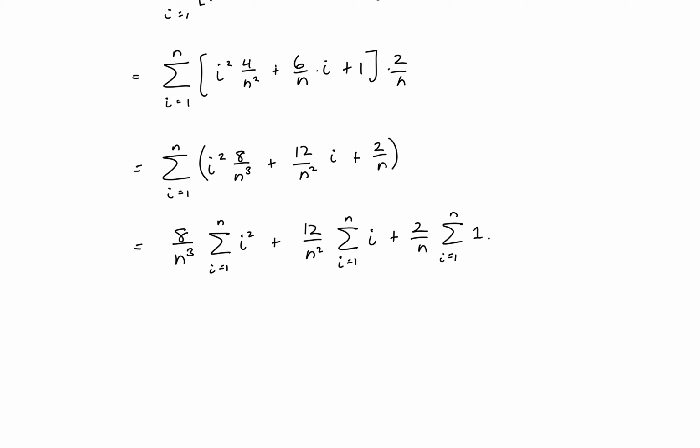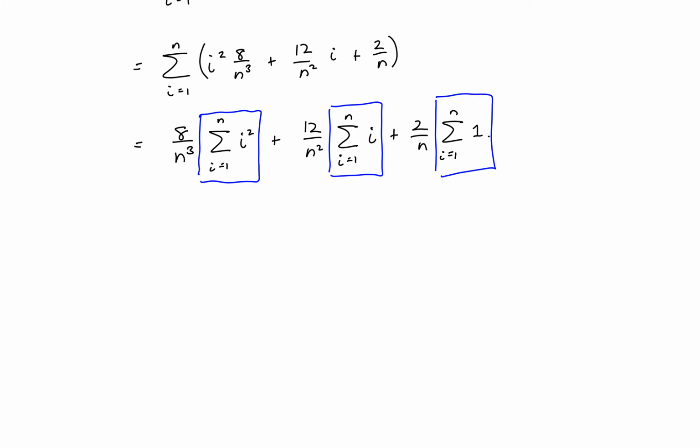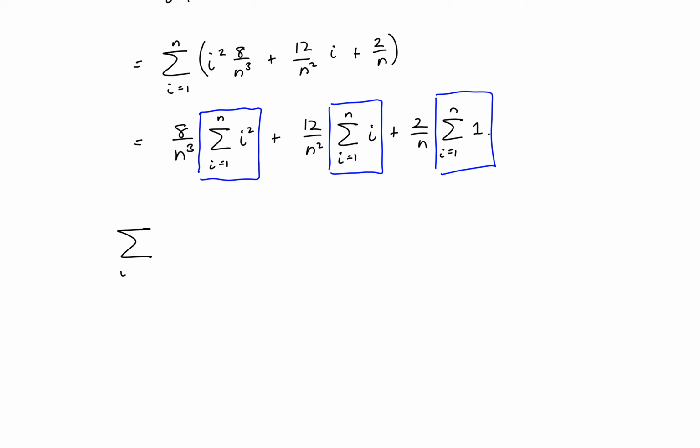So what we see then is, if we want to take the limit here, we don't really know how to take limits of things that look like this. So what we need to do is figure out nice formulas for this, this, and this. One of these things is not like the others and is easy to do.